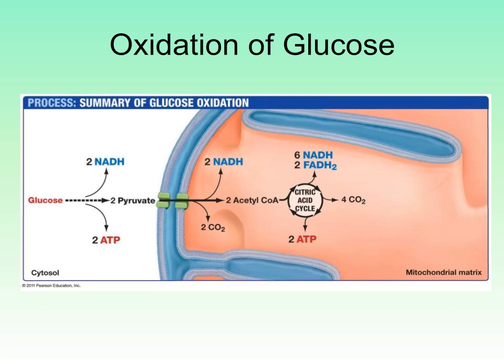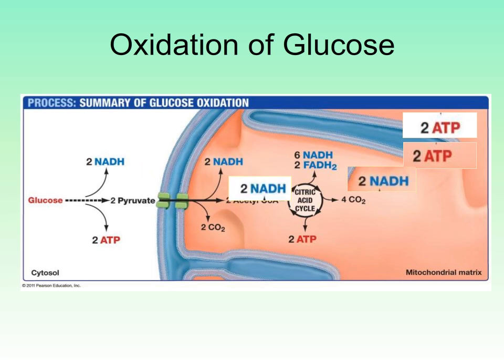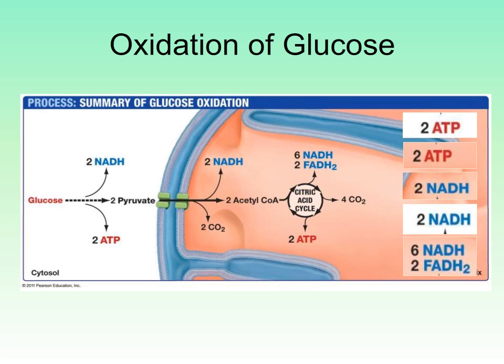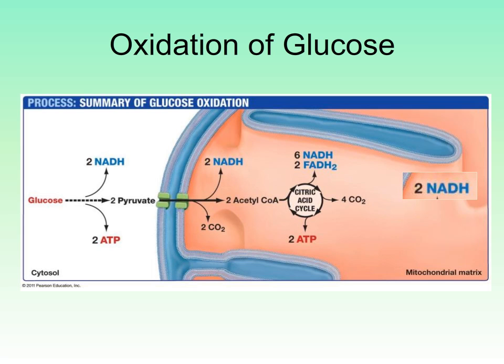We have examined glycolysis, pyruvate processing, and the citric acid cycle. So far we have created 4 ATP molecules, 10 NADH molecules, and 2 FADH2 molecules per each glucose oxidized. And glucose is oxidized to carbon dioxide molecules, which have lower potential energy levels.